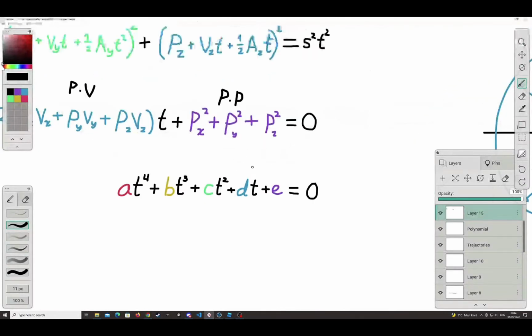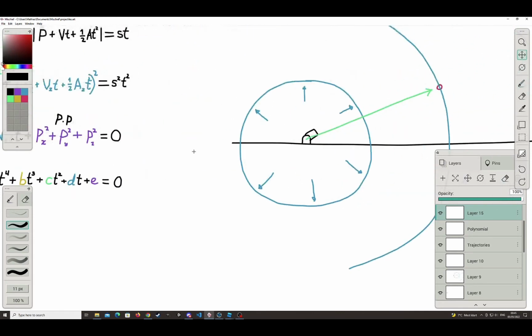Now for root finding, we could use a root finding algorithm like the Newton-Raphson method, which could work. But the problem is that it only allows us to find one root at a time. And that's not suitable for our case because we want to find all the roots.